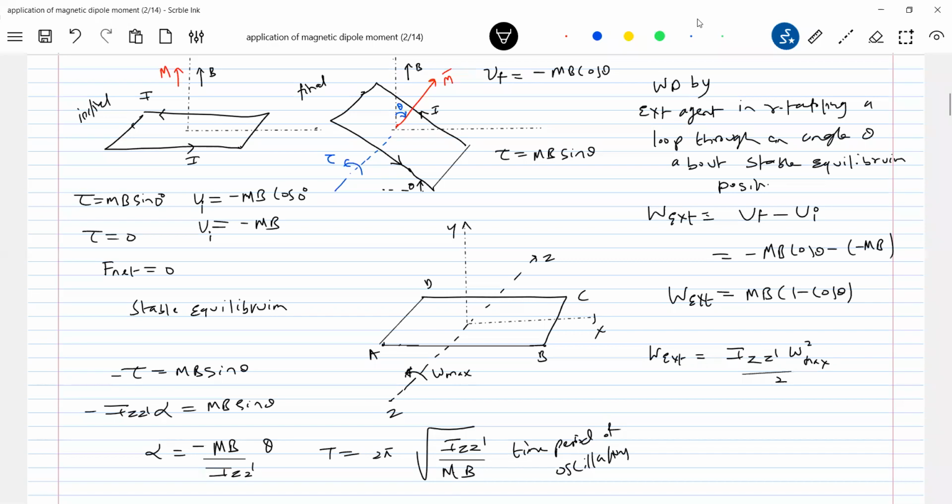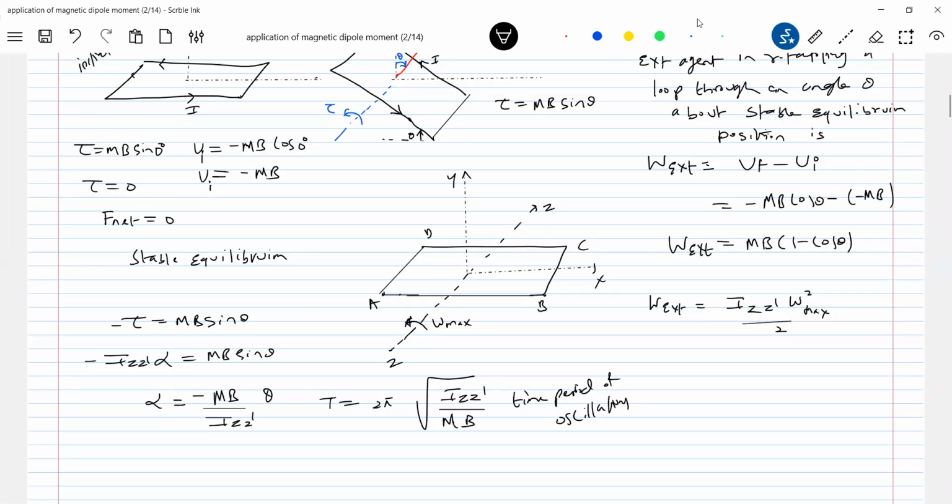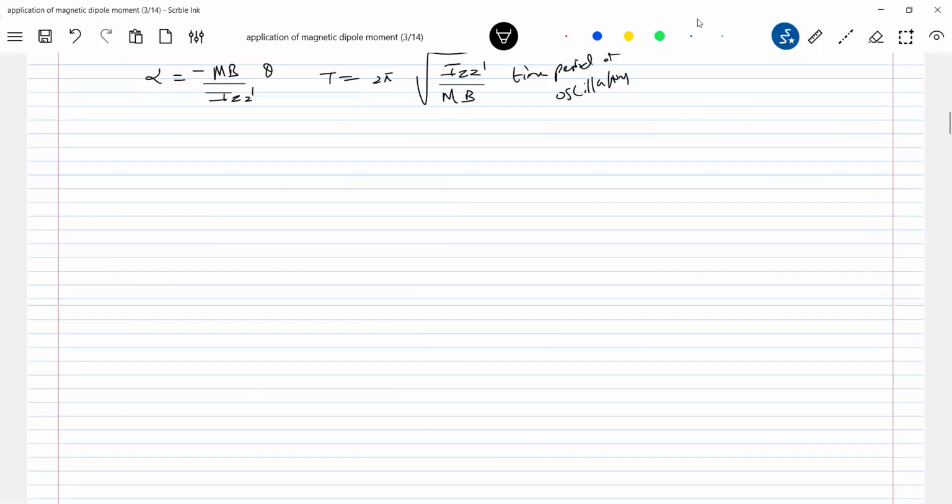So about stable equilibrium, I covered many ideas here: the work done in rotating a loop through an angle theta about the stable equilibrium position is given by the formula MB(1 − cos θ). And what about unstable equilibrium? How to define that unstable equilibrium?